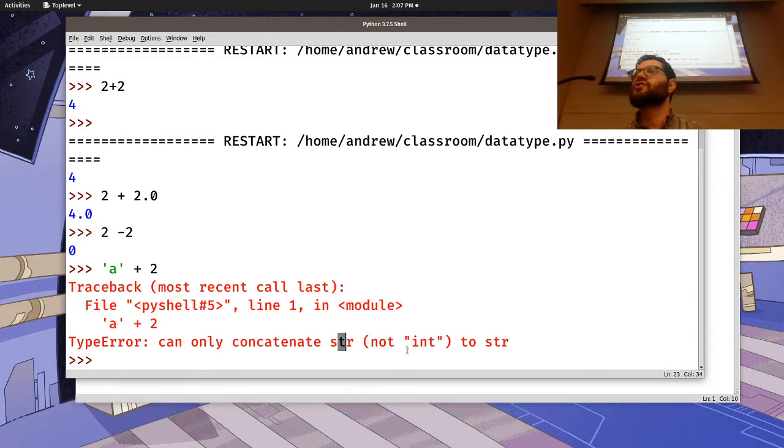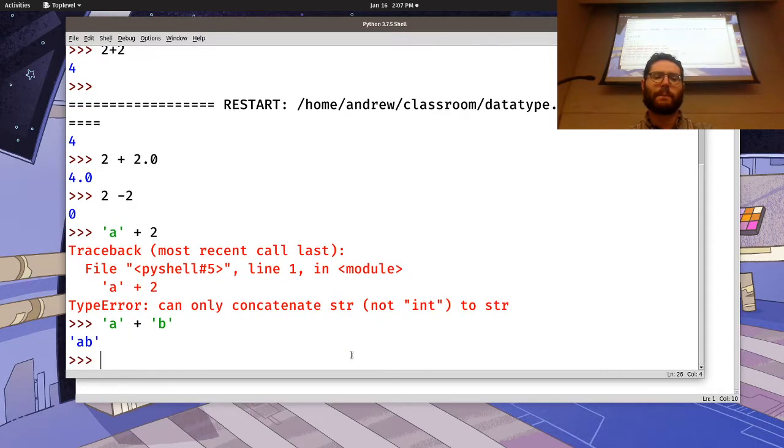Now remember, strings are what we call text. So we can't add numbers to text, but apparently I can do something like this. A plus B will glue it together. So you can glue text together with the add operation. That's actually way more useful than it sounds.